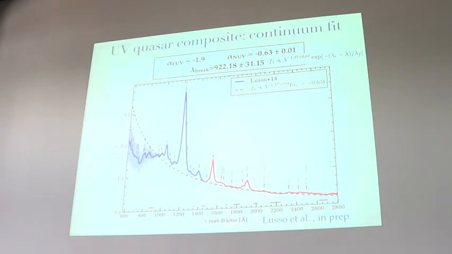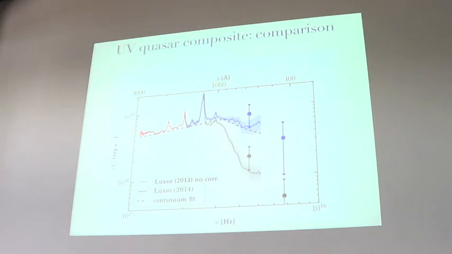So now I'm going to do a comparison. This is again luminosity as a function of frequency, how you place the two composites, corrected and not corrected. I have also added the GALEX data, so I have stacked the GALEX data for this sample in order to increase the wavelength range, and I can put Telfer on top. I have normalized Telfer to the optical, roughly 2000 angstrom.